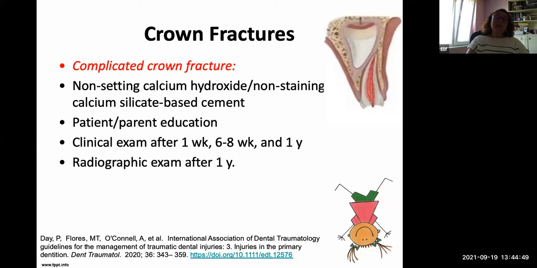And we should cover the pulp with non-setting calcium hydroxide or non-staining calcium silicate-based cement. Education is also important, and we should make clinical examination after 1 week, 8 weeks, and 1 year, and radiographic examination after 1 year.